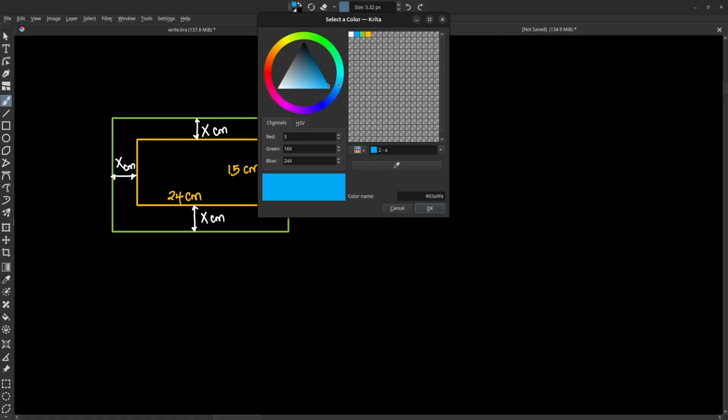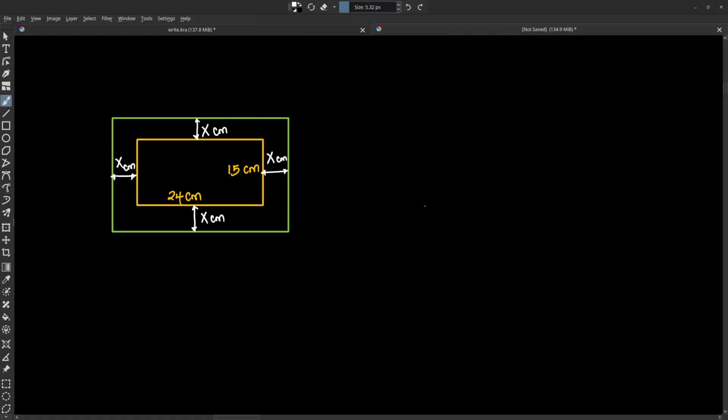For example, how would we get this whole length of the frame? We need to take what we know, which is 24, and add this space here. Since the x is uniform all around, this space is x centimeters.